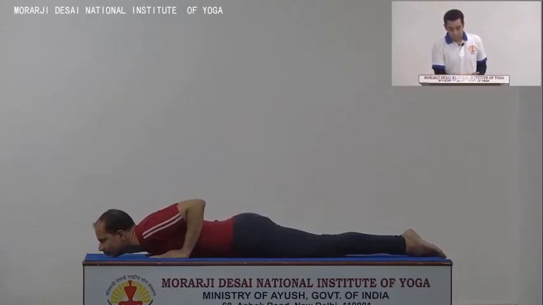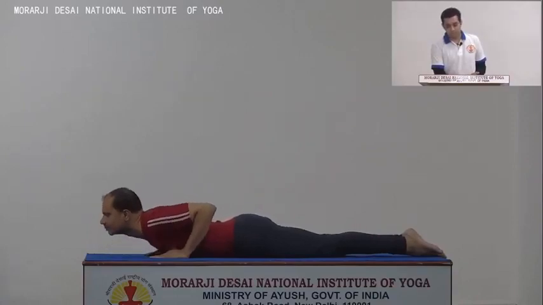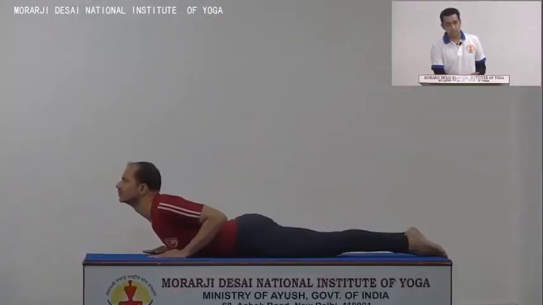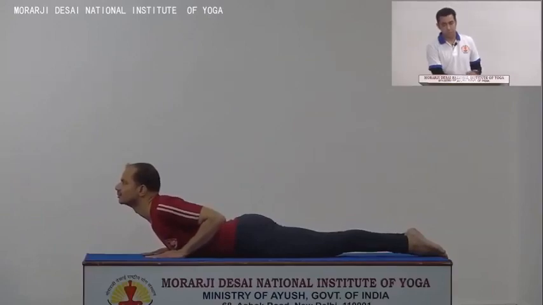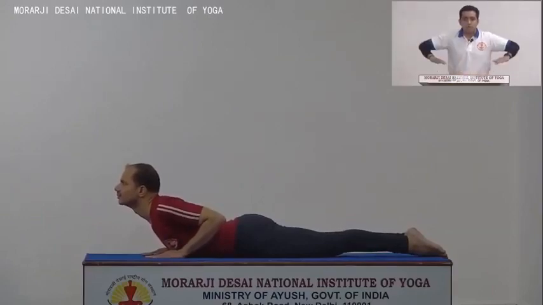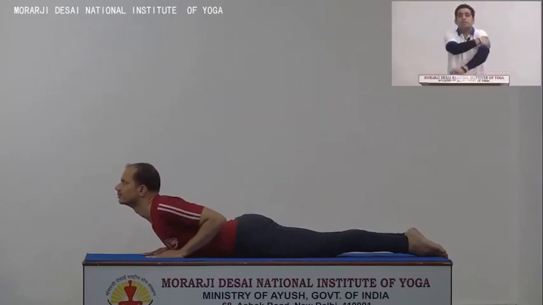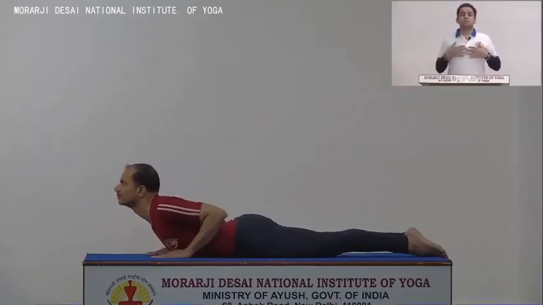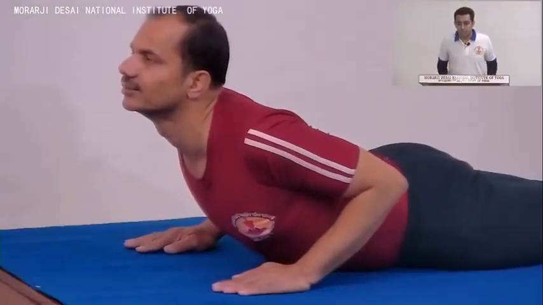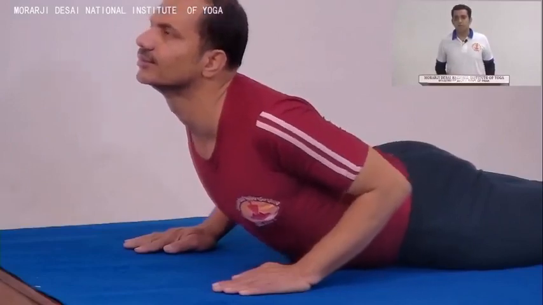With inhalation, slowly lift up the upper body up to the navel region without exerting pressure on the arms. Usually people widen their elbows and try to lift it, and they feel the pressure on the triceps muscles. Here we are closing the elbows, stretching the upper body, just lift it more up, you can see.